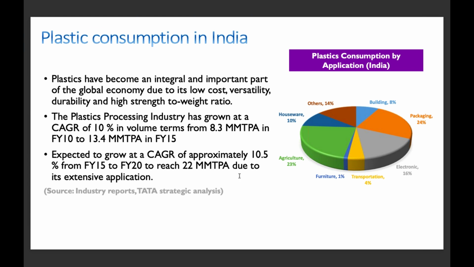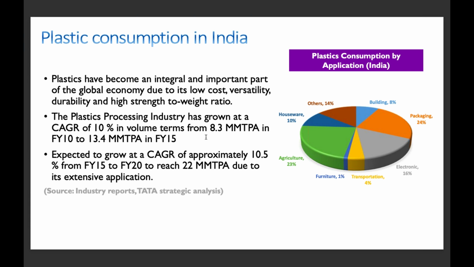So nearly 50% of the plastic consumption in India is in these two sectors, packaging and agriculture. And of course, the rest of the 50% is in building, housewares, transportation, furniture, etc.